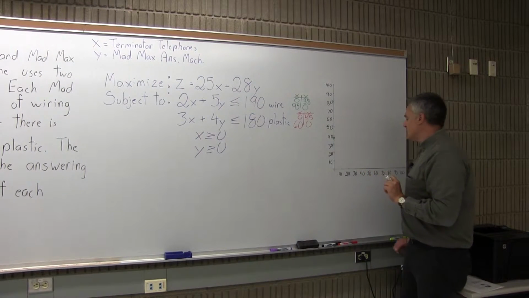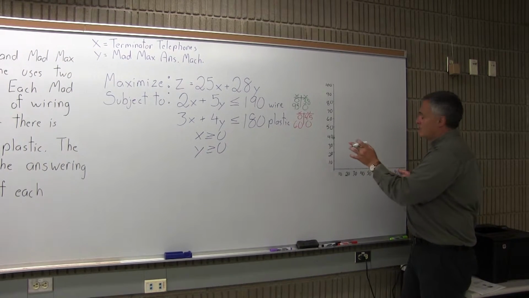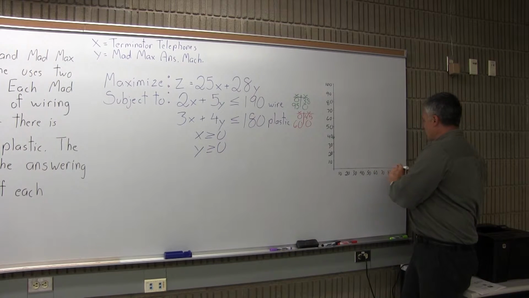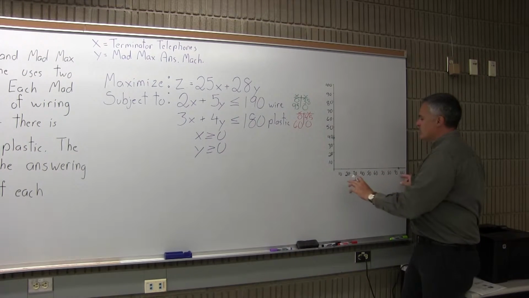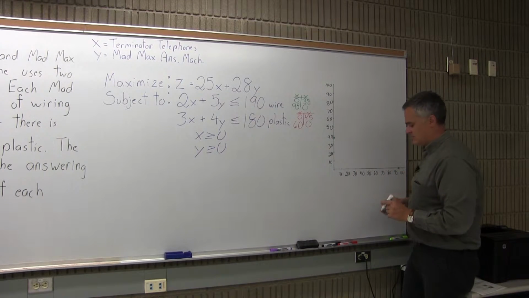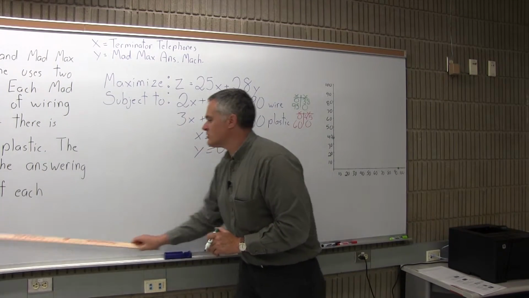Same thing with 95, 0. I don't actually have 95 on my scale, but right between the 90 and the 100 would be 95. So just estimate it by eye reasonably. If I go over 95 up 0, I'll put a dot where I feel that would be. And let me connect that with a straight line.